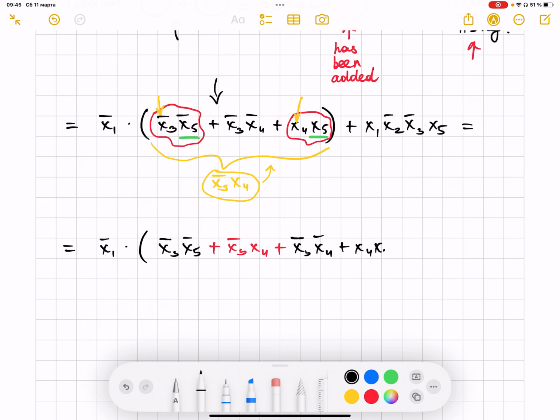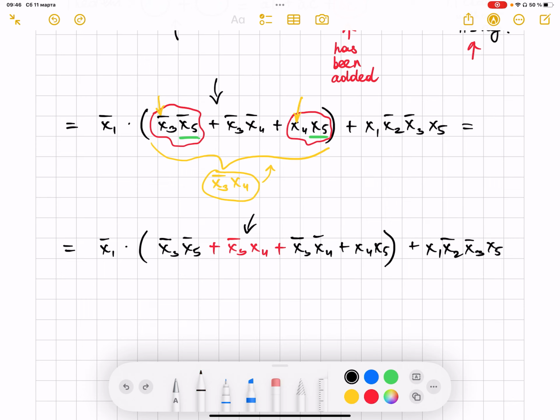So x5. Basically, the consensus theorem is so beneficial in that you add something, and this gives you more options in order to simplify. For example, when we just had this bracket, it was a little bit difficult to minimize it. But now let's consider the case after adding this new element.